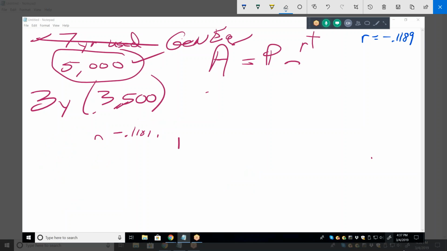You don't use the same formula? Well, you do. But everything's a little different. In other words, what's this amount going to be? I don't know. 5,000.